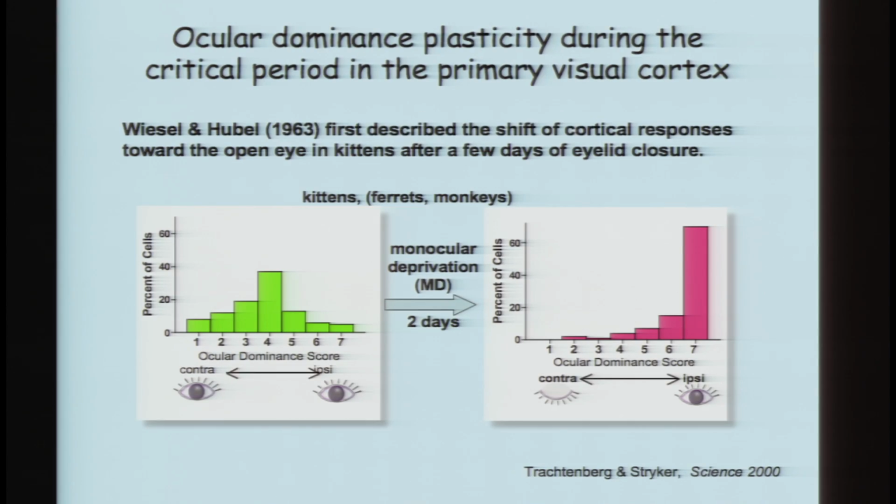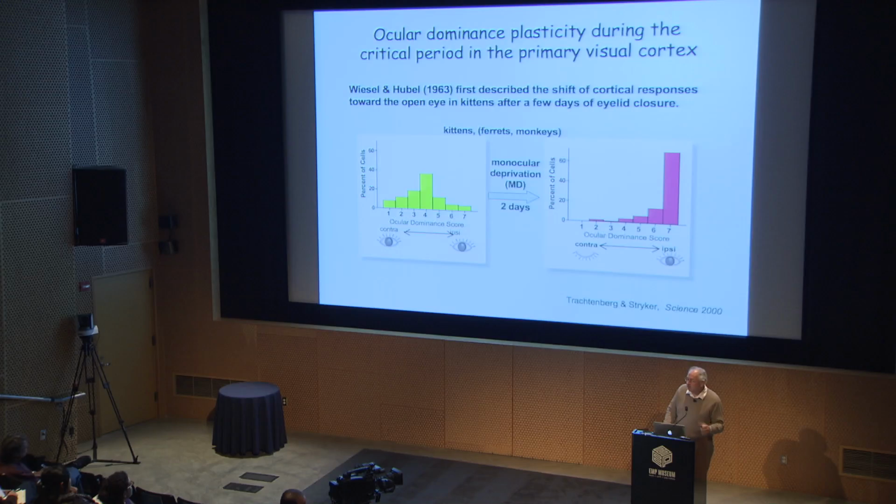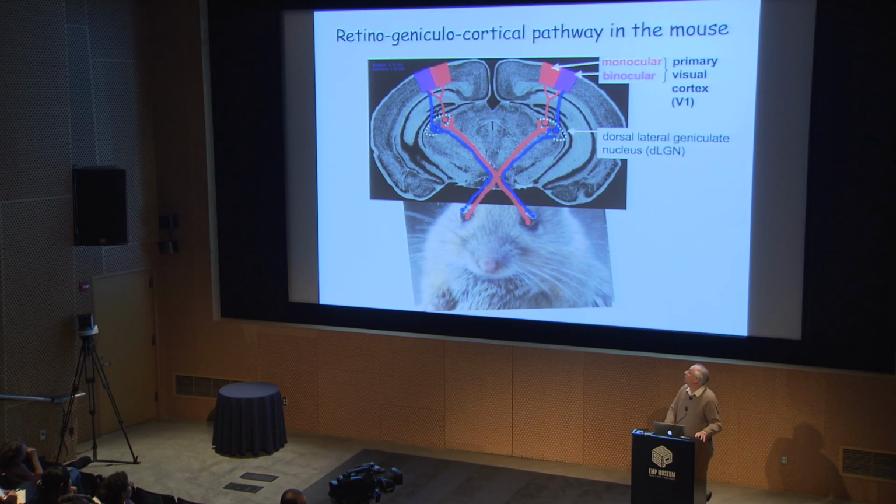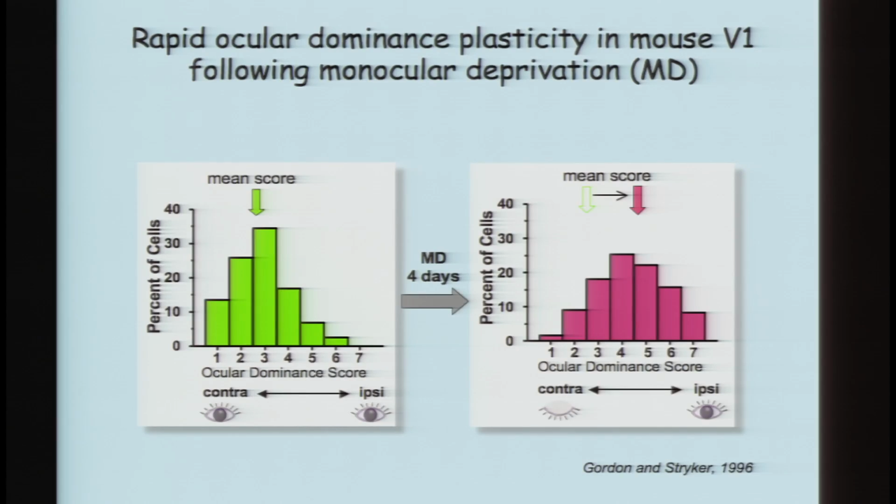Another major way in which mouse visual cortex is similar to that of the large animals is in its plasticity properties. Rapid activity-dependent plasticity with a well-defined critical period was one of the critical features that Hubel and Wiesel discovered. The mouse has a binocular region of the visual cortex.